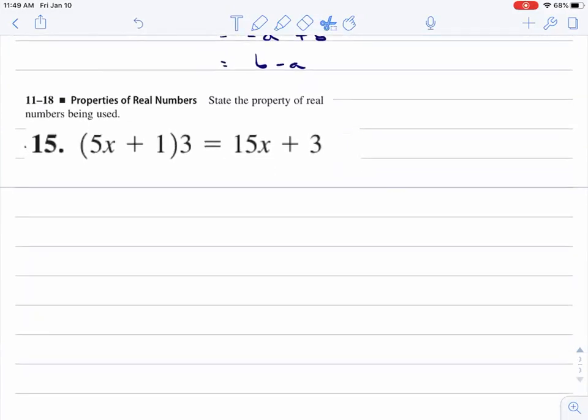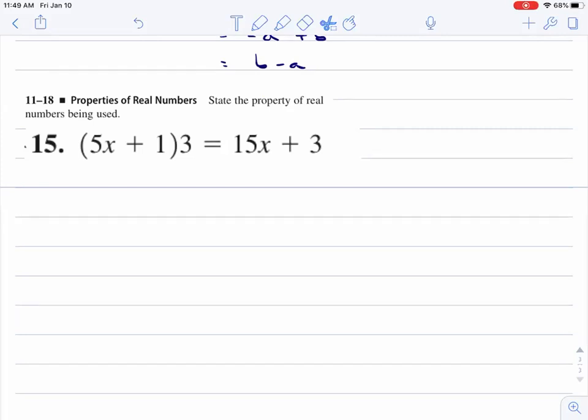So if you see something like this, first of all, I want you to try to just do this and make sure that you get the same result. But also, from that list of properties, the commutative property, the associative property, the distributive property, which one have we used here? Top notch.